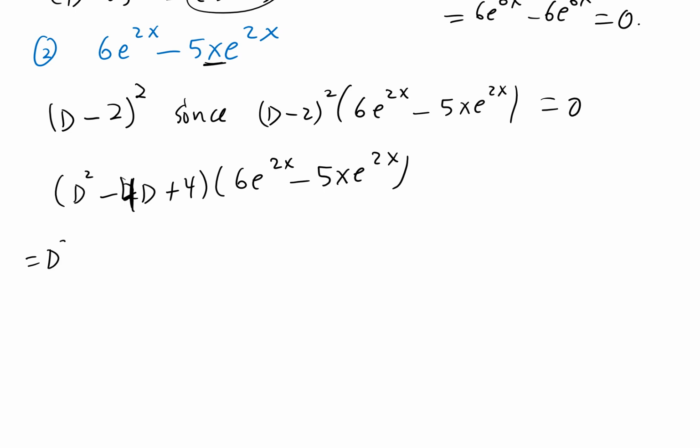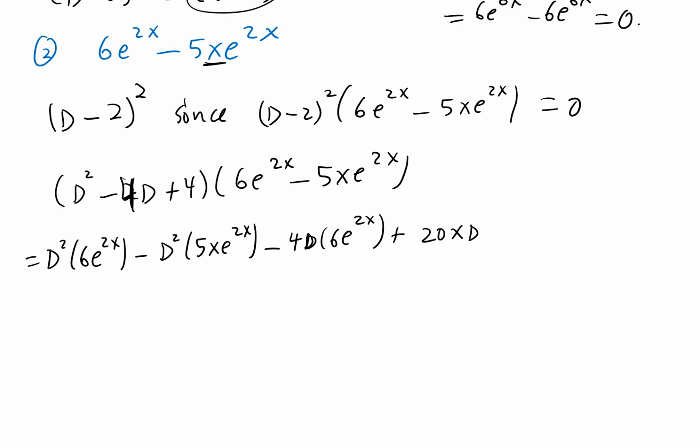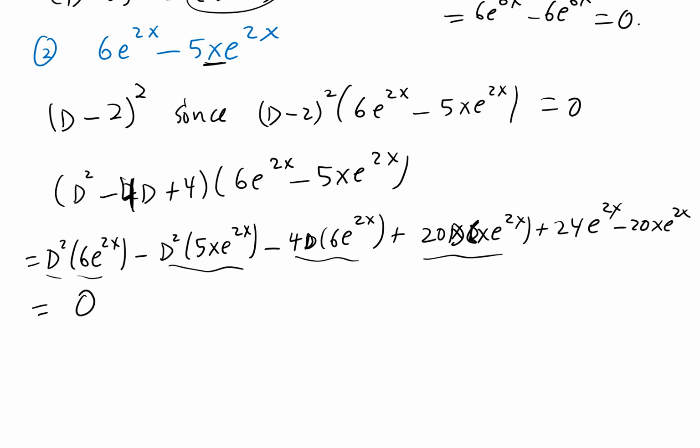So this equals d squared of 6e to the 2x minus d squared of 5x e to the 2x minus 4d of 6e to the 2x plus 20d of x e to the 2x plus 24 e to the 2x minus 20x e to the 2x. And if you calculate this carefully, one term at a time, and combine, you will get 0.